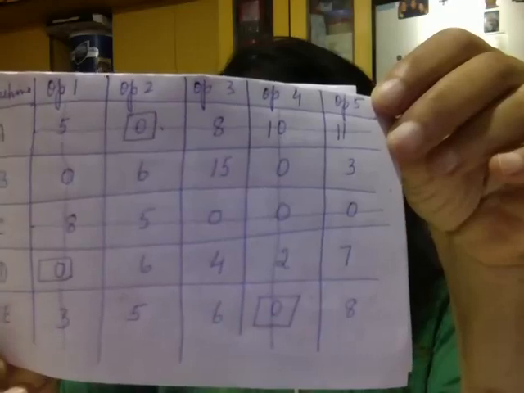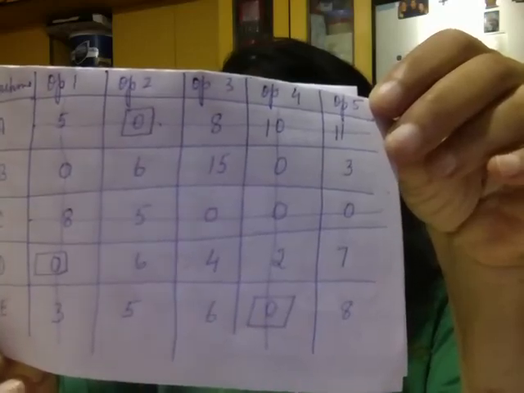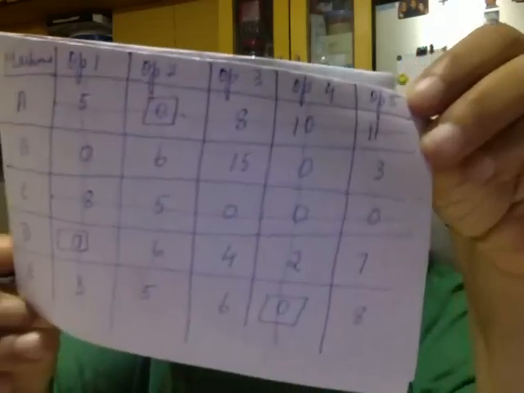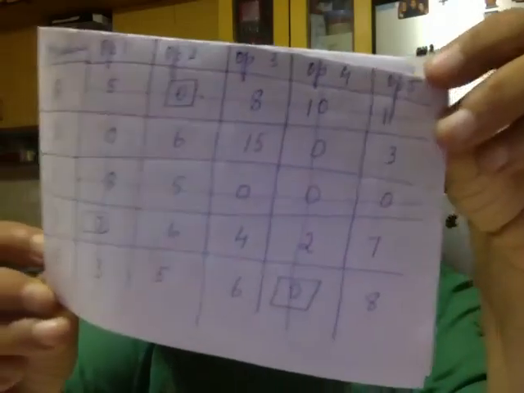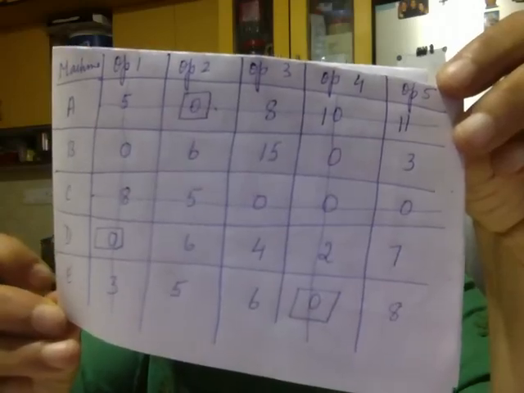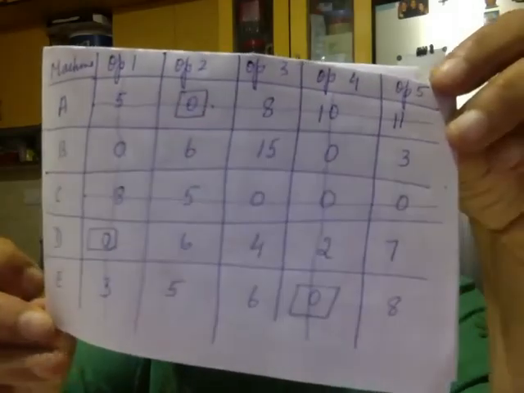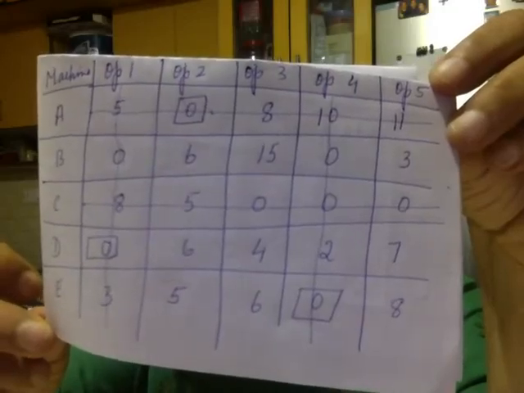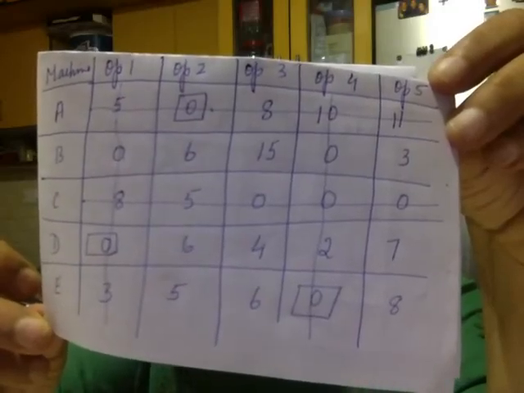In column 1, I have covered three zeros by a single line, right? In column 2, I didn't find it necessary. Column 3, I didn't find it necessary. Column 4, there were three zeros, so I drew a horizontal line.